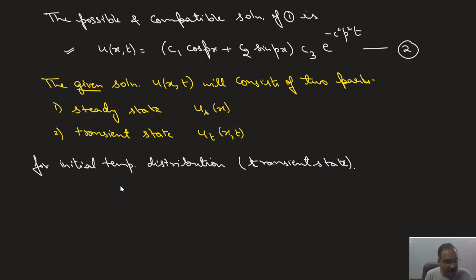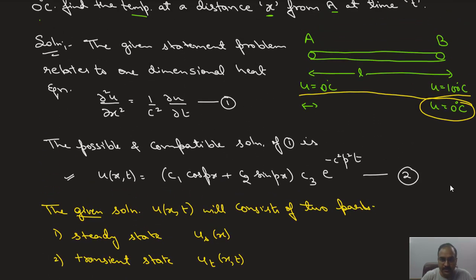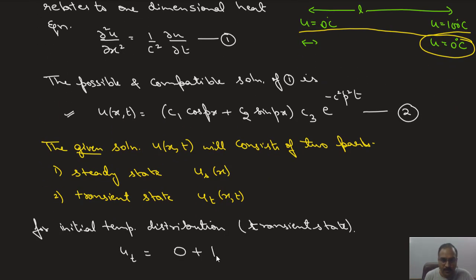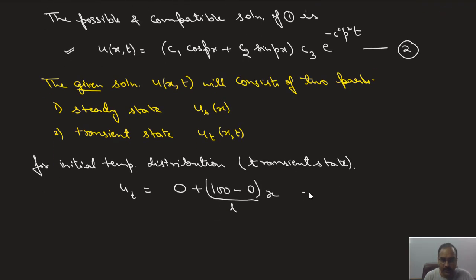So we have u, which is equal to the initial temperature at A, that is 0, plus the final temperature at B, that is 100, minus the temperature at A, over the length of the rod L, into x, the variation. So it comes out to be 100x/L, that is ut.